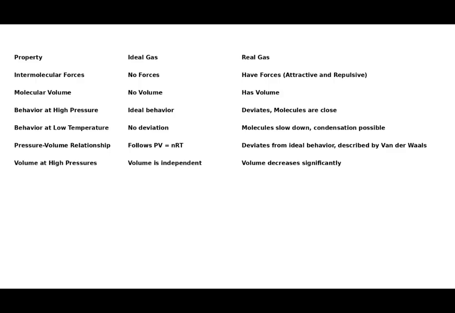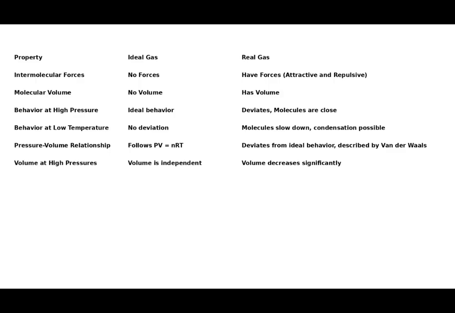However, as pressure increases and temperature decreases, the deviation from ideal gas behavior becomes noticeable due to the intermolecular forces and finite molecular volume. 4. Behavior at high pressure and low temperature. High pressure.